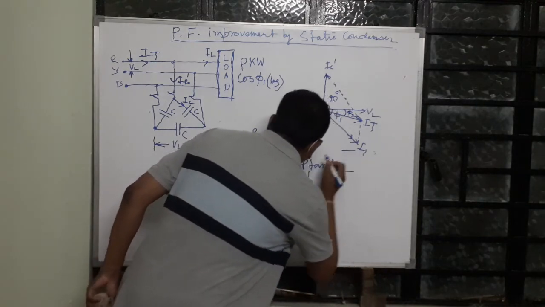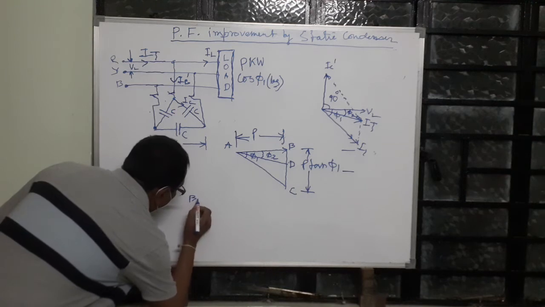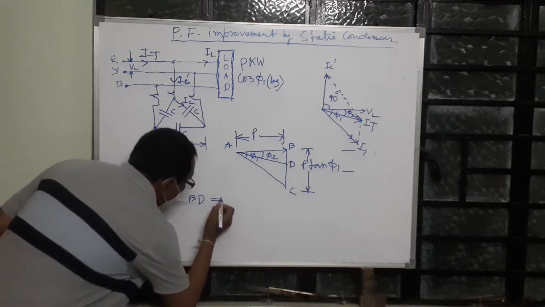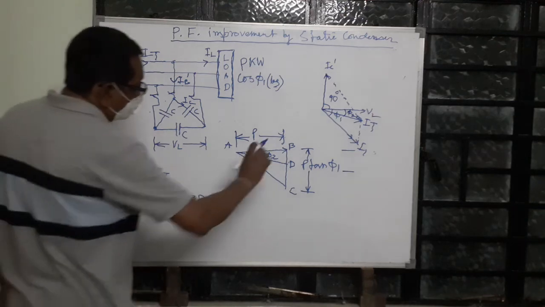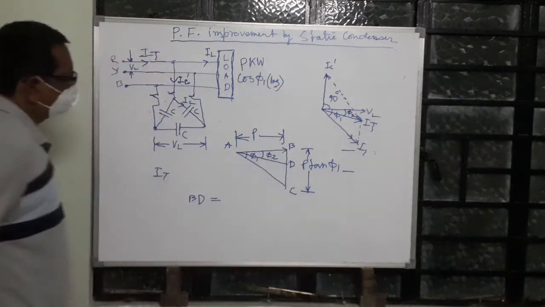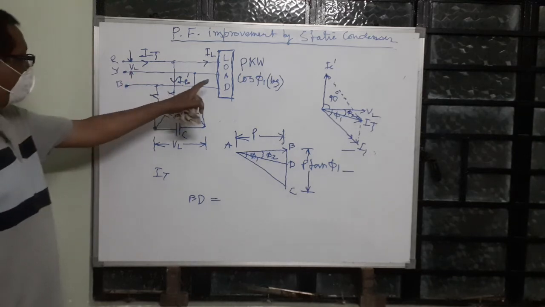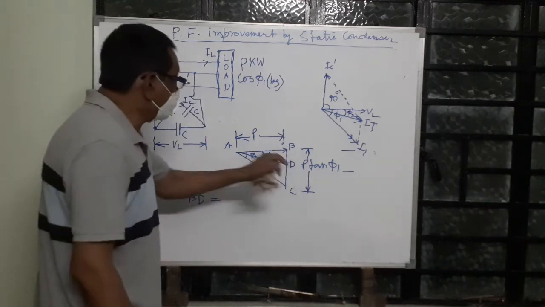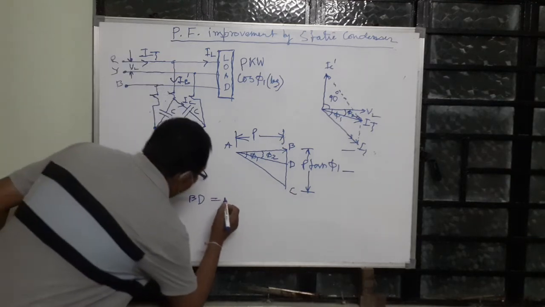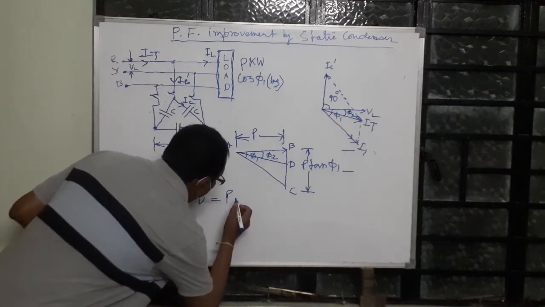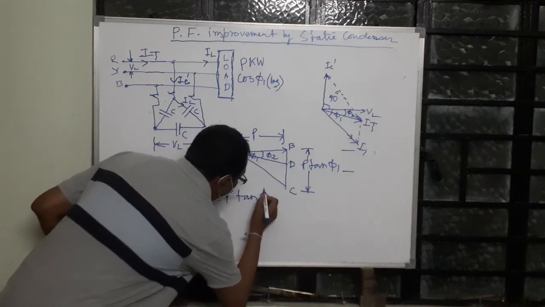BD is the net reactive power of the system, so BD equals P tan phi 2.